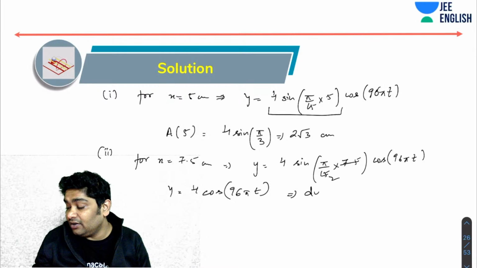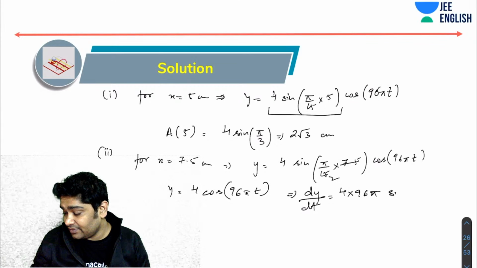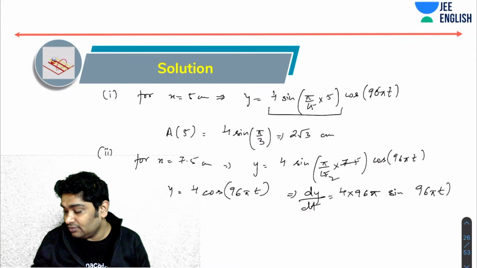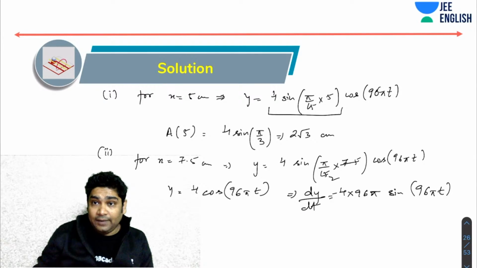Therefore, what will be dy by dt? dy by dt would have been equal to minus 4 into 96 pi sine of 96 pi t.